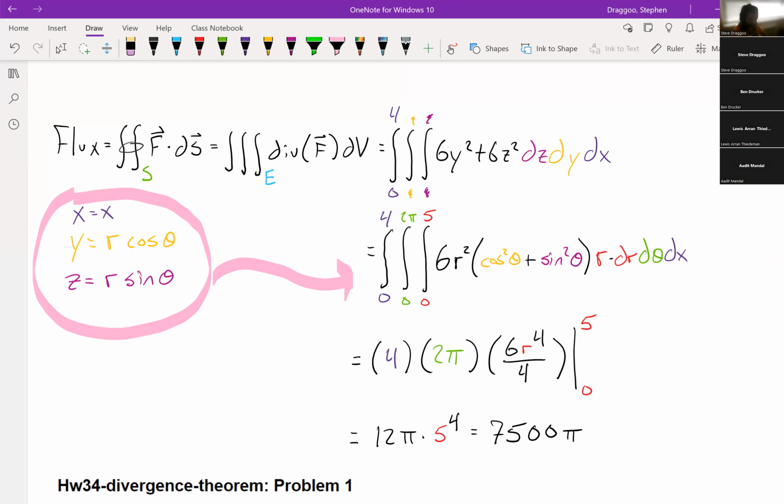Simplify that a little bit. It's 6r cubed times dr d theta dx. Perfectly separable triple integral. So I'll do an x integral, a theta integral, and an r integral. x integrates to 4, theta integrates to 2 pi. For r, we get 6r to the 4th over 4, integrating between 0 and 5. So 12 pi times 5 to the 4th, which is 7,500 pi.